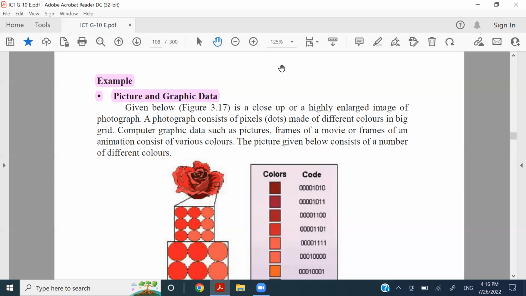Full stop. To represent each and every color and its shades.